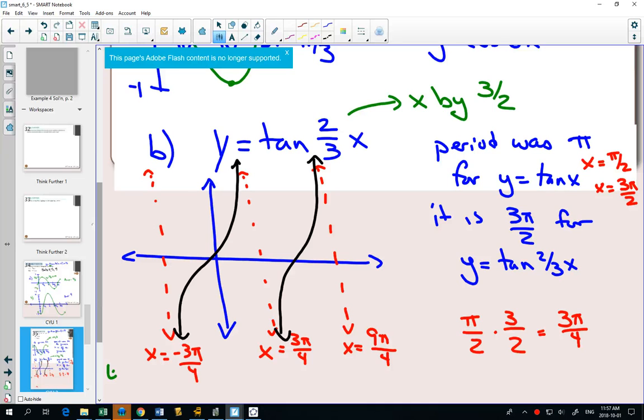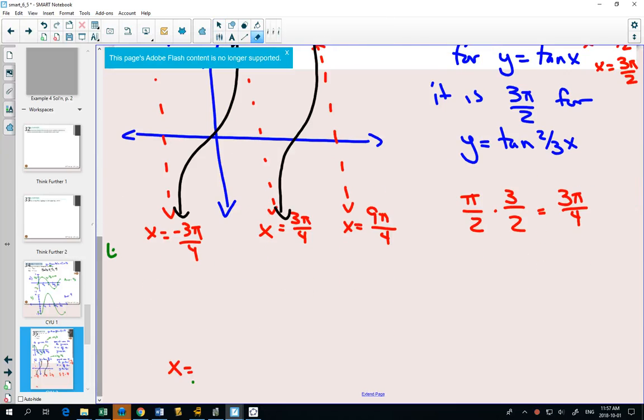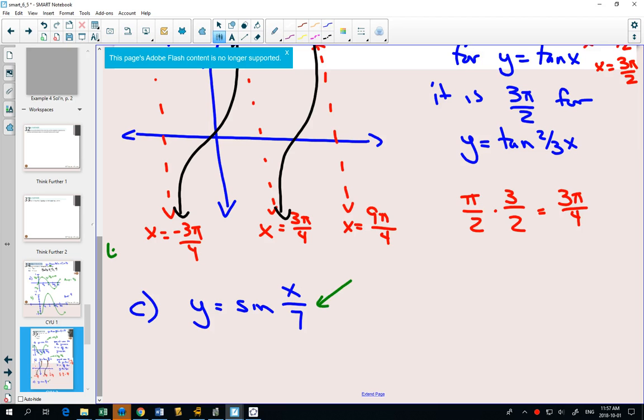And part C, we want y equals sine of x over 7. We're multiplying by 1/7, so that's a horizontal stretch. You'd multiply all of your x values by 7.